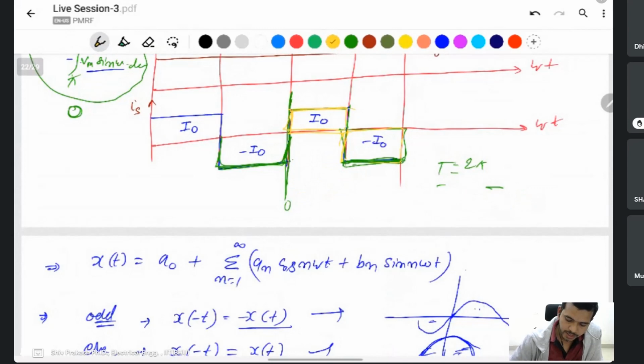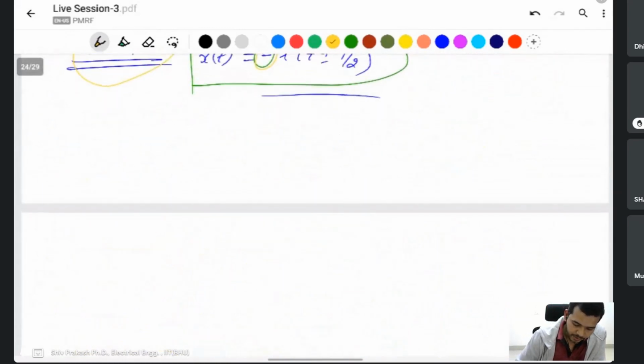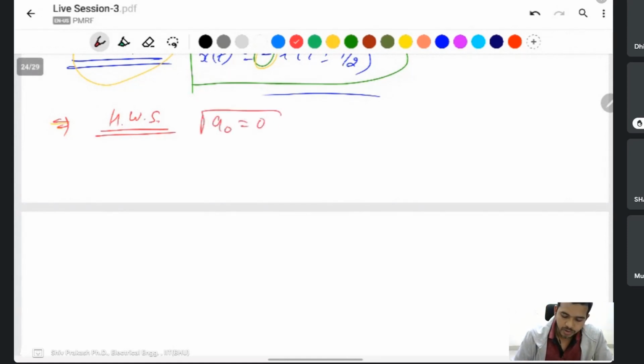If this happens for any waveform, then there is half wave symmetry, and this one is an odd signal. If half wave symmetry is present in a signal, then in the Fourier analysis A naught is equal to 0. That means the DC component will be 0.